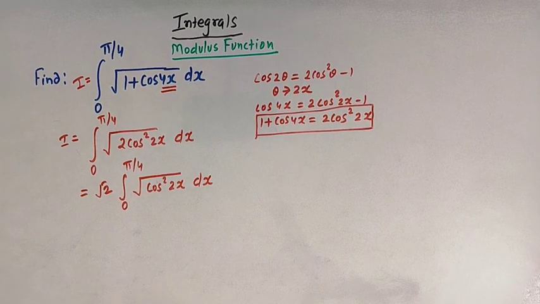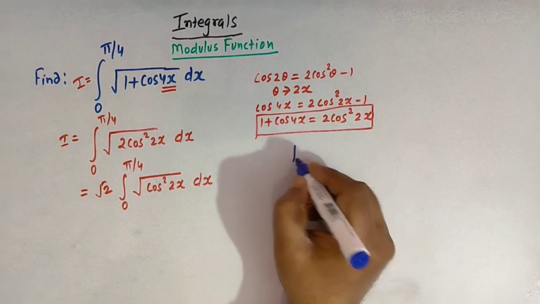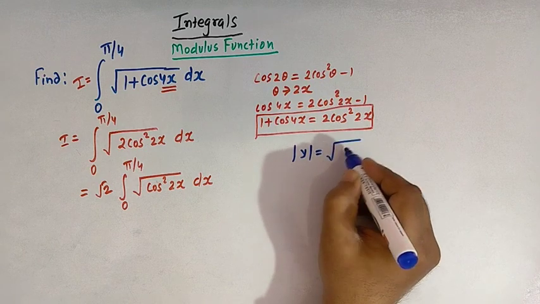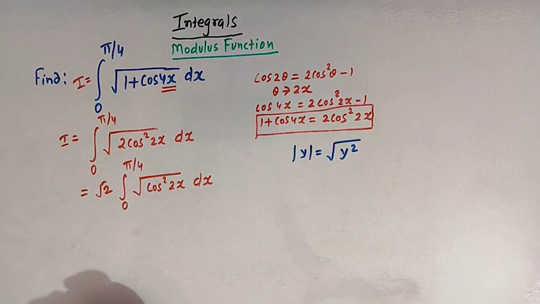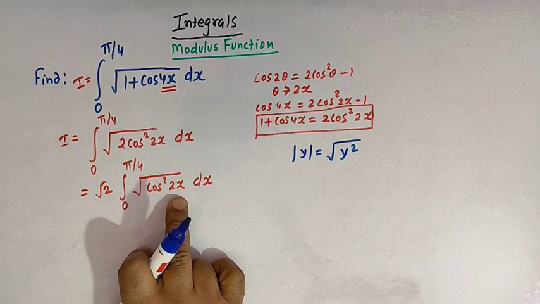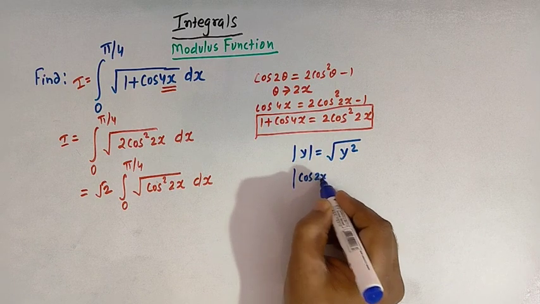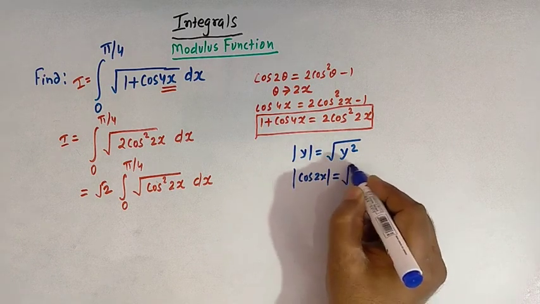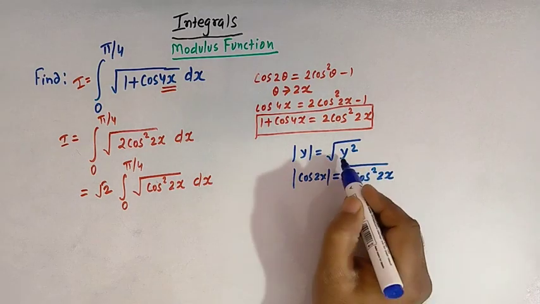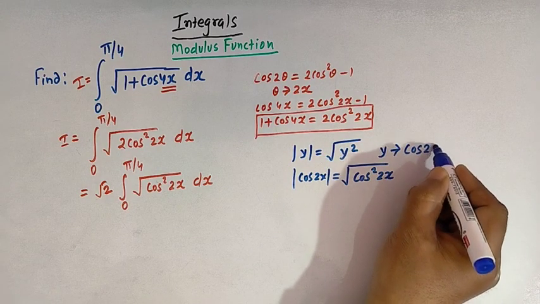We know the definition of the mod function, that is, mod of y is equal to the square root of y square. So we can write mod of cos 2x as equal to the square root of cos square 2x, where we have replaced y by cos of 2x.